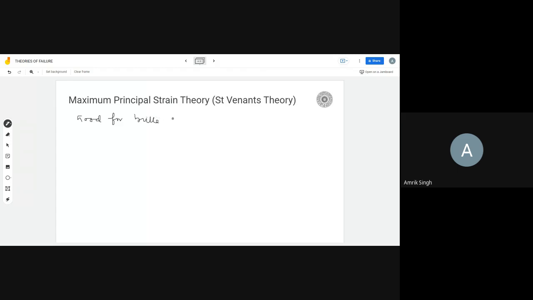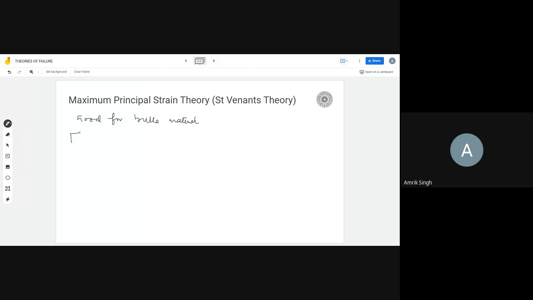This theory says that the failure occurs when the maximum principal strain exceeds the strain at the elastic limit.